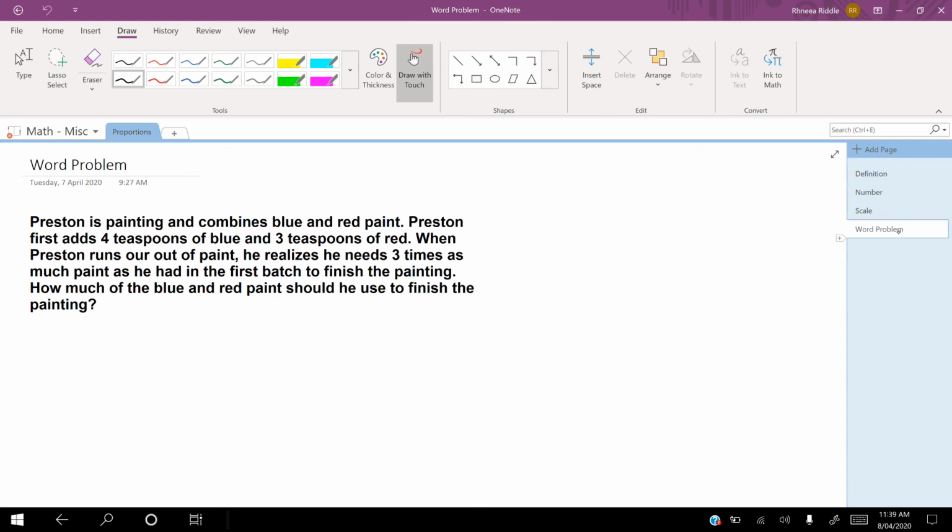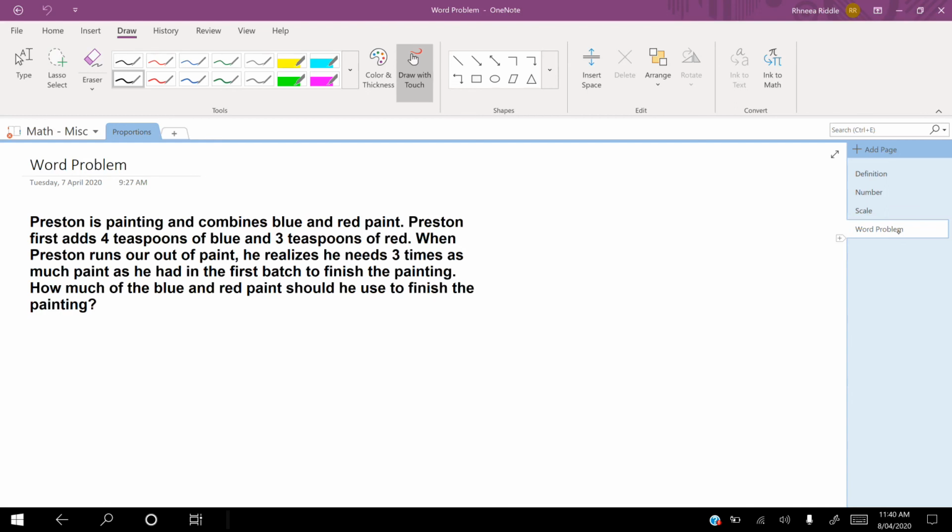When Preston runs out of paint, he realizes that he needs 3 times as much paint as he had in the first batch to finish painting. How much red and blue paint should he use to finish the painting? So we need to know how much paint of each color he's going to mix together to have enough paint to finish this painting he's doing.